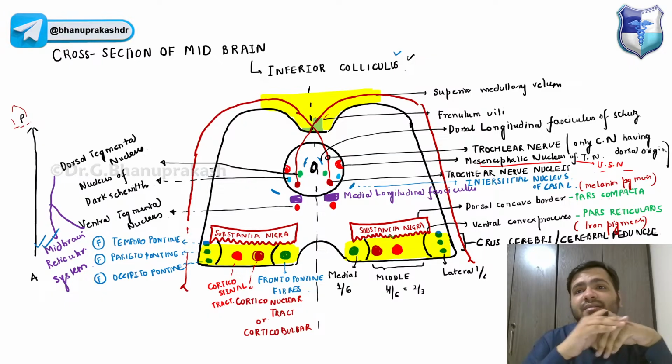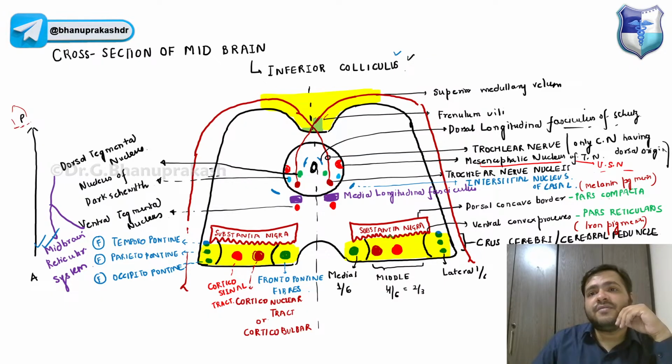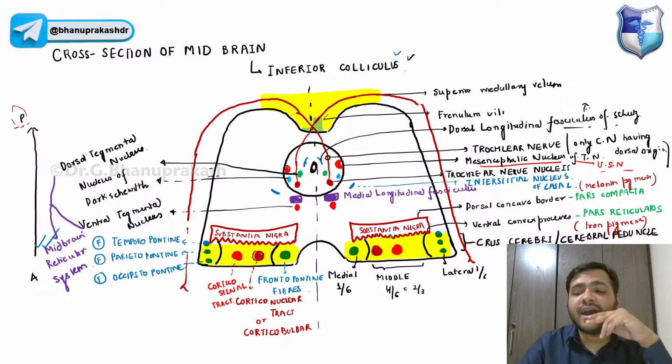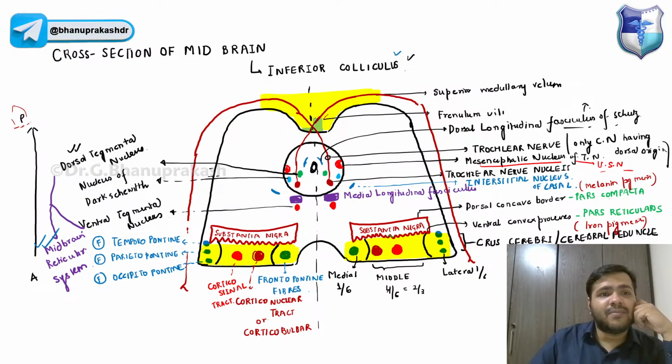Basically, the dorsal longitudinal fasciculus of Schutz connects the nuclei of hypothalamus with the entire reticular system that we have discussed, the midbrain reticular system, which is present in the brainstem: the midbrain, the pons, and the medulla oblongata. That means it will connect the dorsal tegmental nucleus and the ventral tegmental nucleus, because they are parts of the midbrain reticular system.